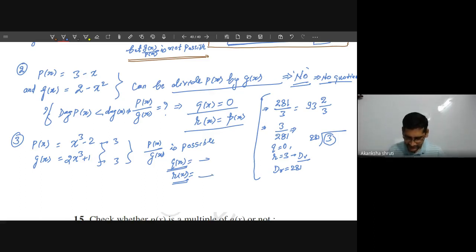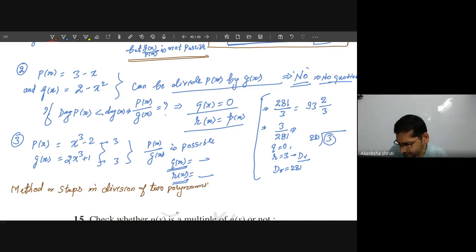So how to calculate this? Okay. So what are the steps to calculate this division? That we are going to learn first. So write, method or steps in division of polynomials.